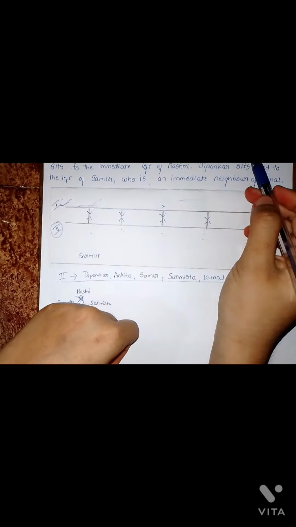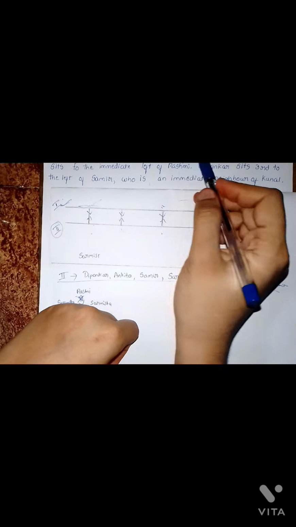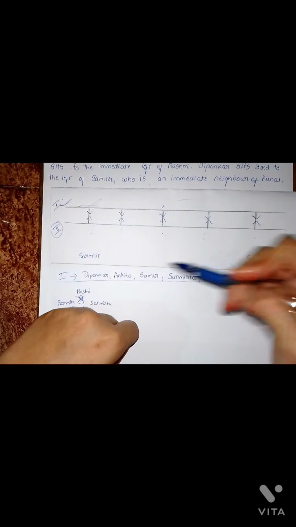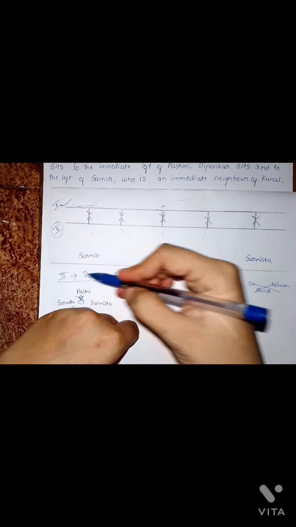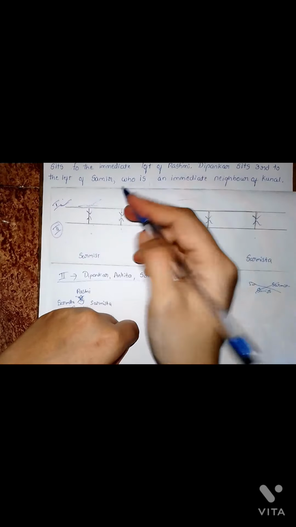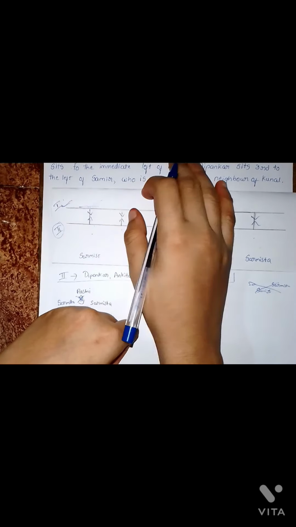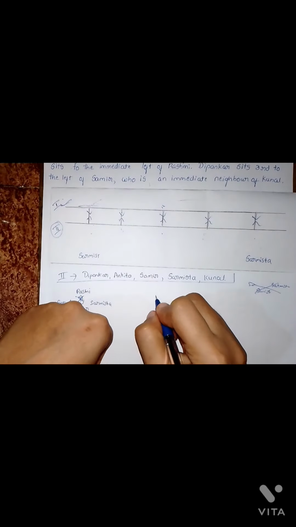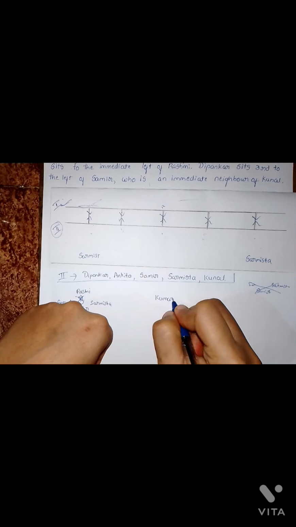Sumita sits second to the right of Kumar. Sumita and Kumar are in the first row because they are not in the second, so we have to observe both. Sumita sits second to the right of Kumar means our right side is Kumar's left side.